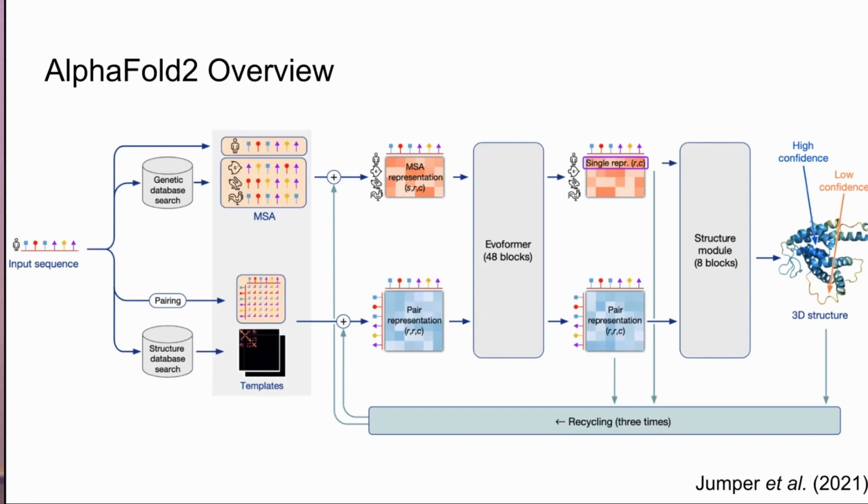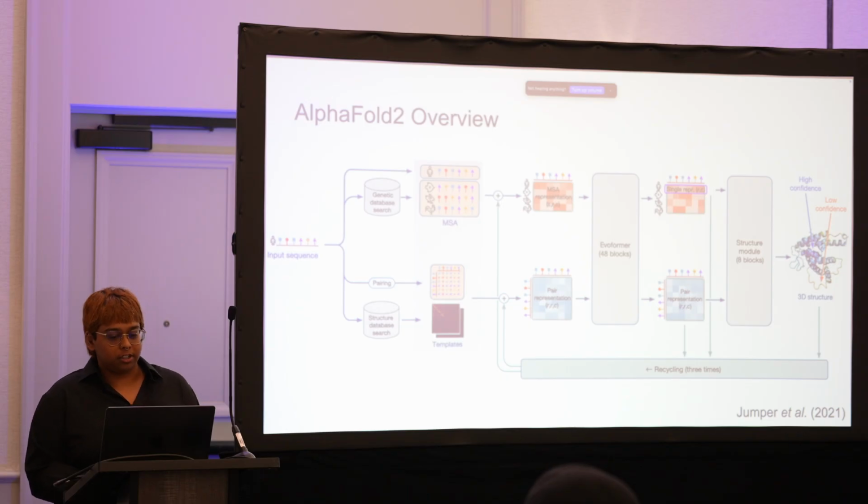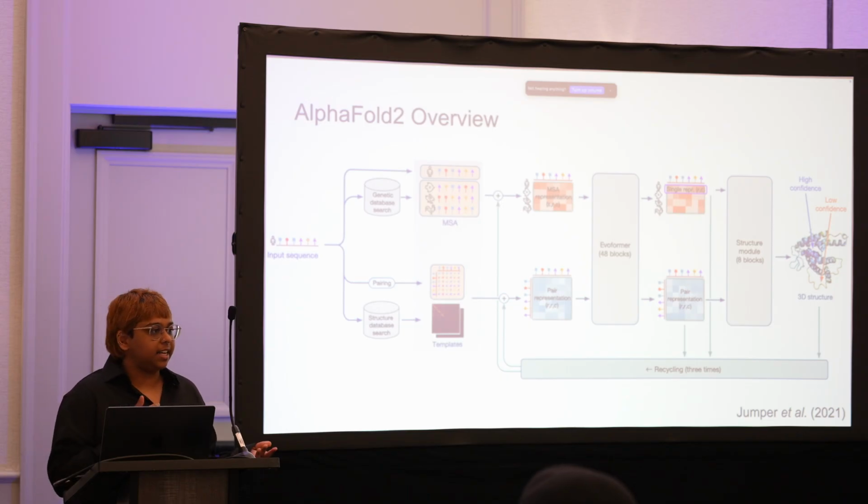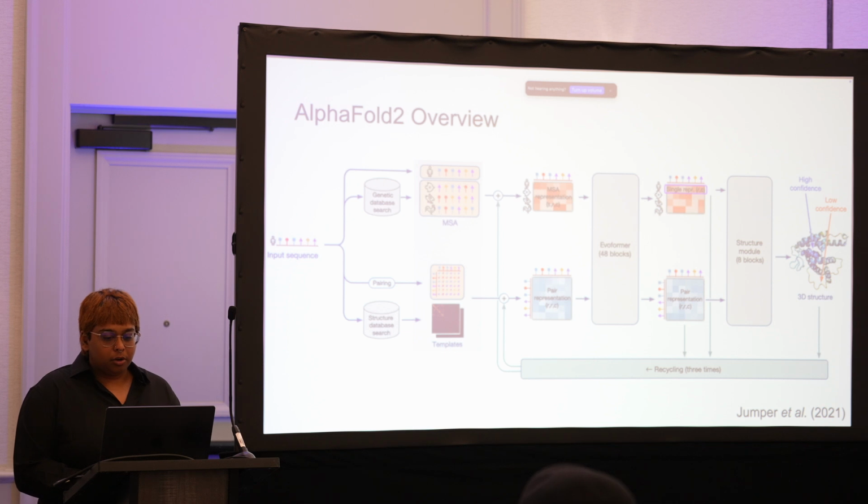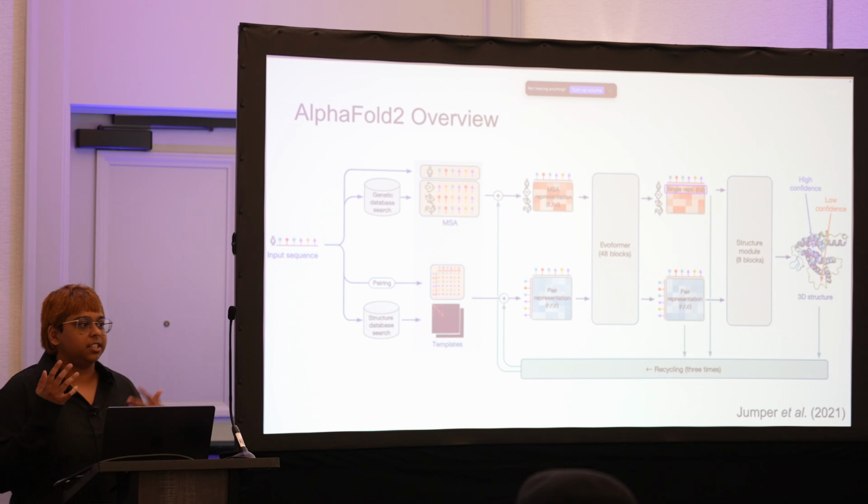It starts off with just the protein's amino acid sequence, and searches through genetic databases to find related protein sequences that are used to create a multiple sequence alignment. And then it also looks for known structures that might be similar, and it uses these as templates. So this gives the model evolutionary context as well as structural hints of what the protein is going to have to look like.